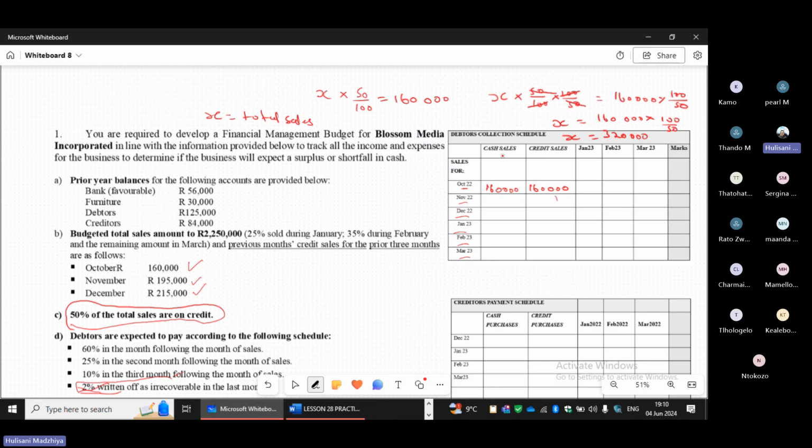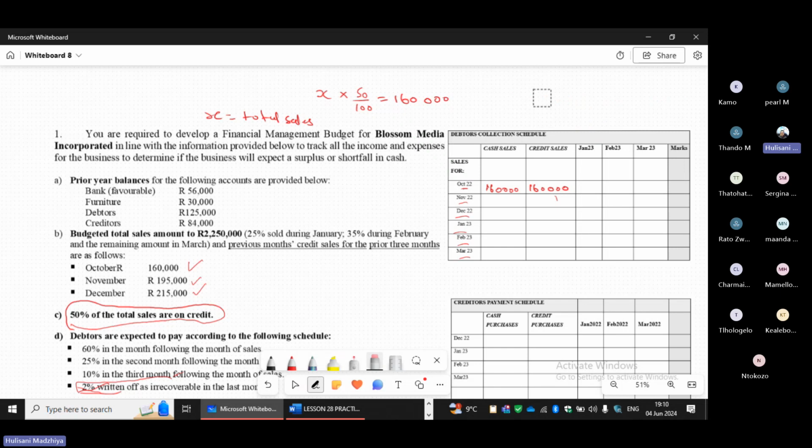I'm saying this because when you calculate the purchases, you're going to need the total sales, especially for December. So you need to know how to calculate it. Let's go back to our scenario. I'm going to erase this.